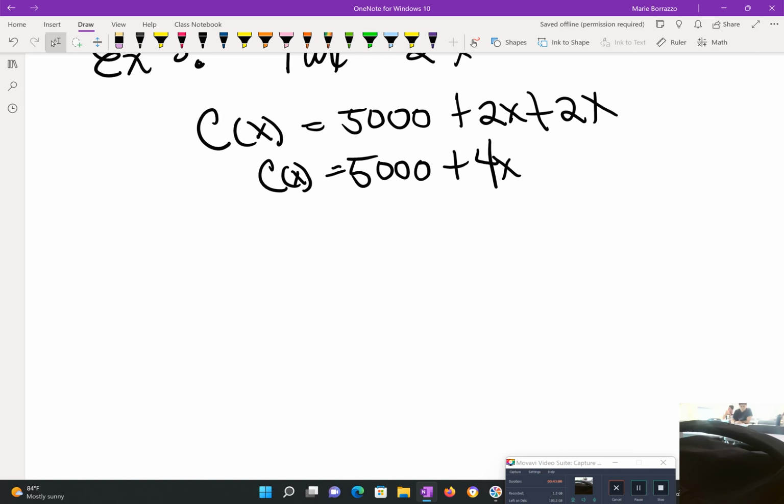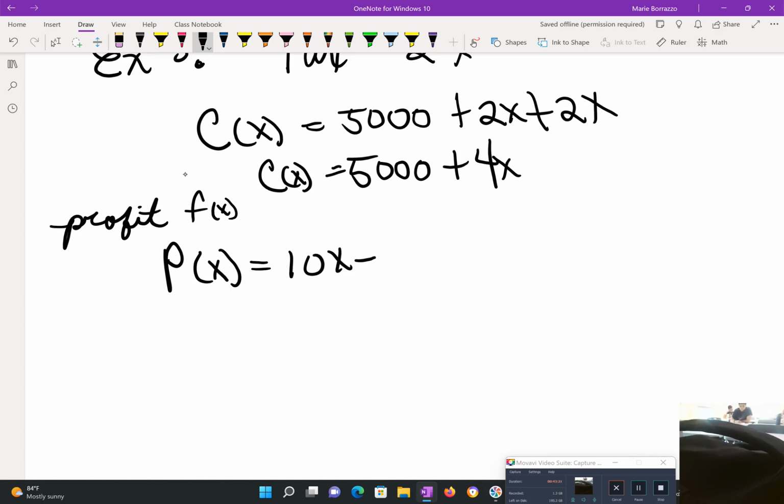Now, what also changes is your profit function. If you want to write down the profit function, it may help you. I just call it function f of x. According to the previous question, it should be 10x minus 0.001x squared, and we're subtracting the cost function, so it'll be minus 5,000 minus 4x.